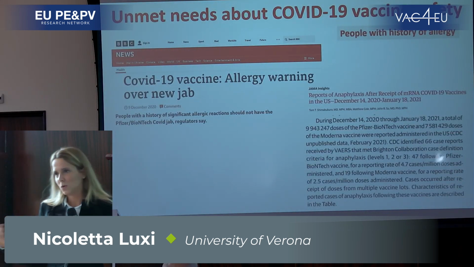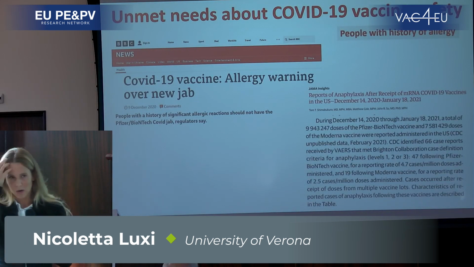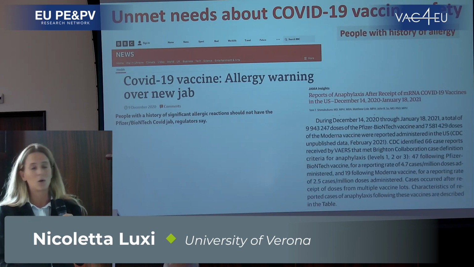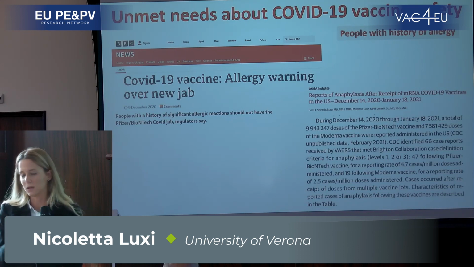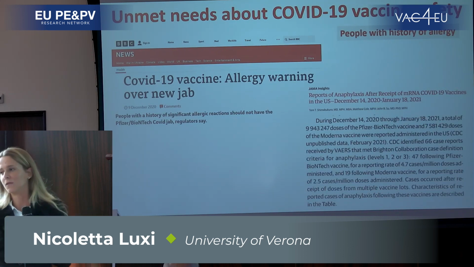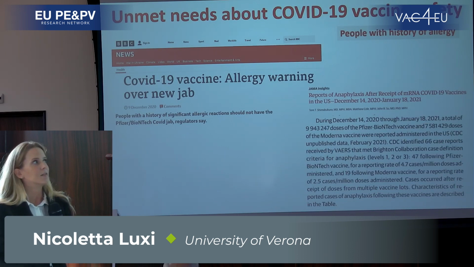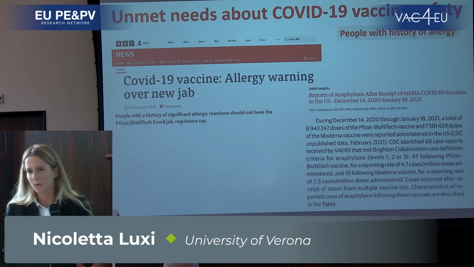So why do an active surveillance study in this context? Well, as mentioned earlier, these special cohorts were excluded, at least initially, from pivotal trials. So at the beginning of the vaccination campaign, the first safety warnings came out.